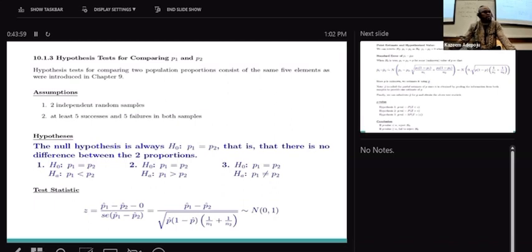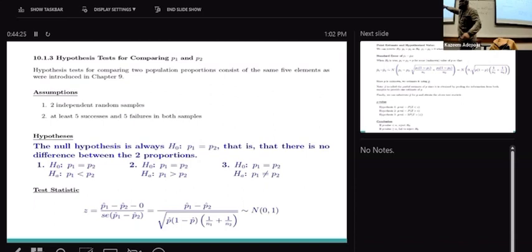Now, in the question in the exam, you need to be able to identify whether your alternative is going to be less than or greater than or not equal. If it is less than or greater than, that's what we call a one-tail test.